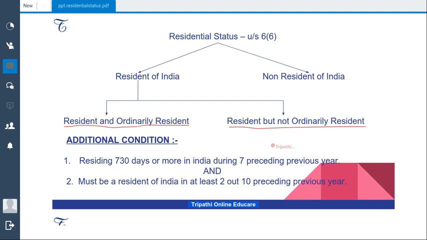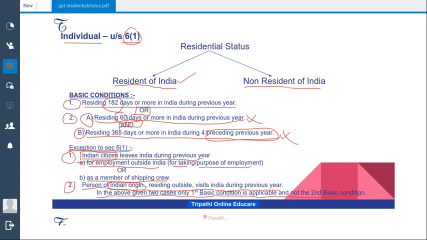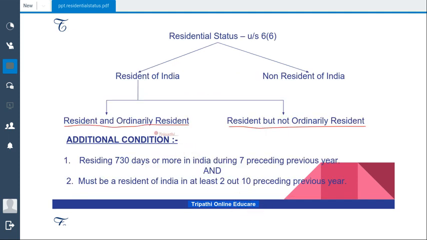By the way, why do we need to understand all this? Resident of India, non-resident of India, resident and ordinary resident, resident but not ordinary resident. Why should we learn all this? The whole thing ends up with tax. The tax liability will differ for each and every residential status.